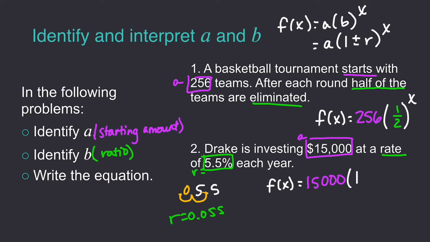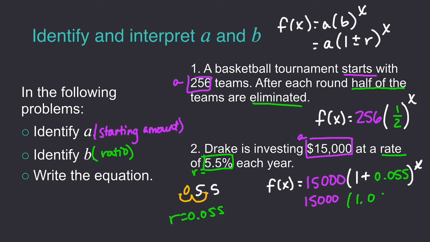So unless it says decrease, we're going to put a plus, and 0.055 to the x power. So now we want to figure out what 1 plus 0.055 is.